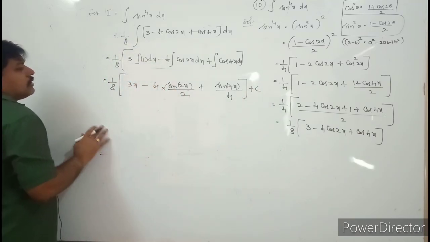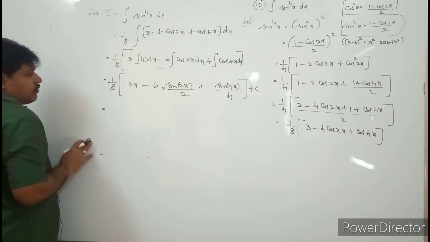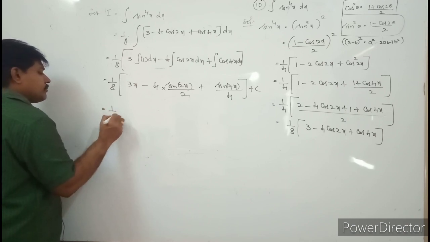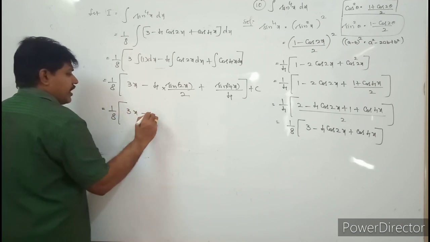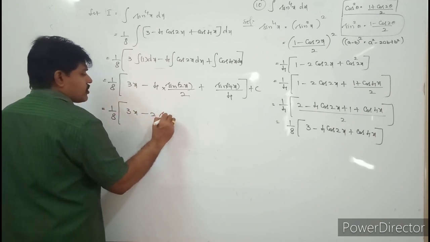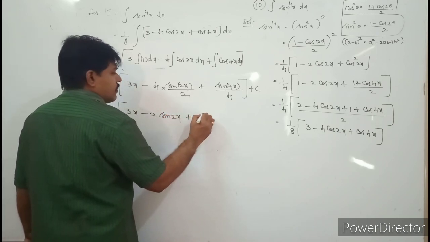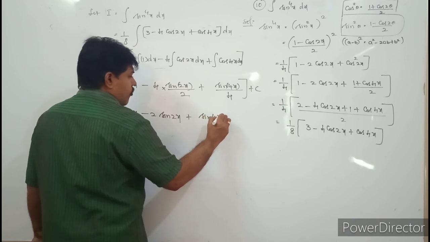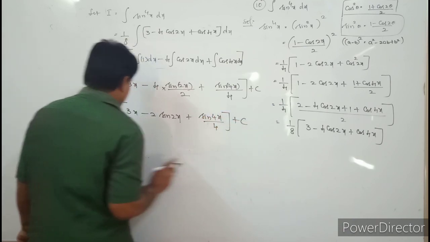So what is the answer? You will get 1/8 times (3x minus 2 sin 2x plus sin 4x by 4) plus c.